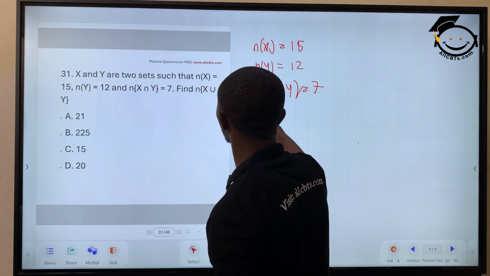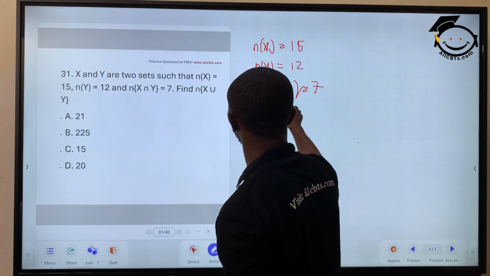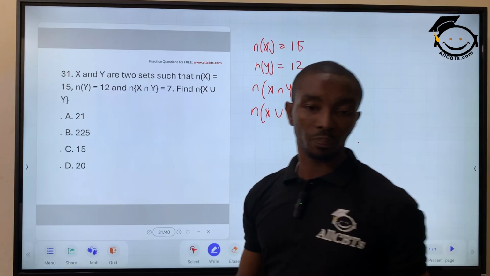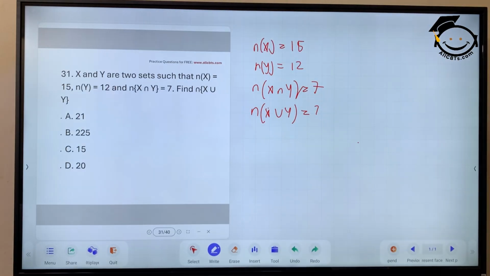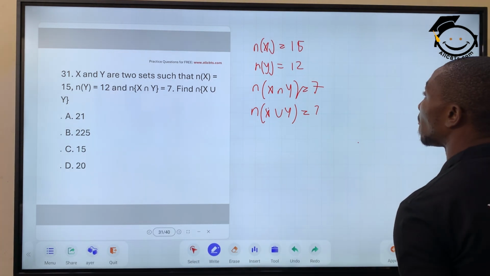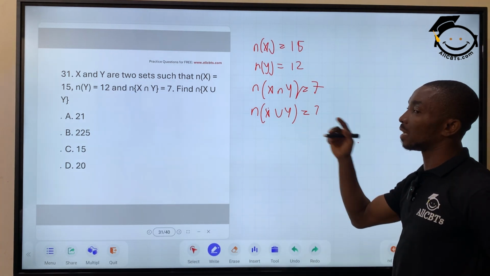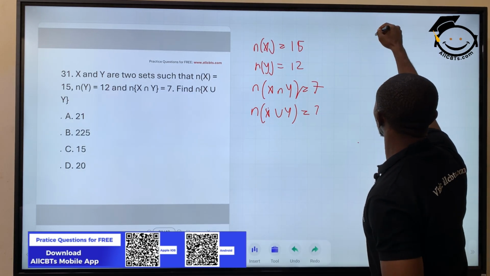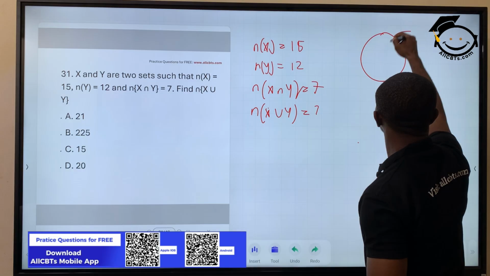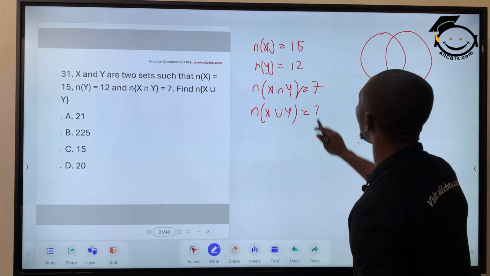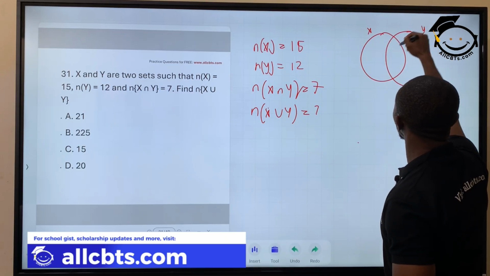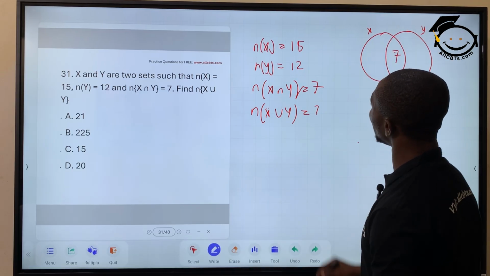We have to find the number of elements in x union y. Let's look at our Venn diagram. X intersection y is 7.